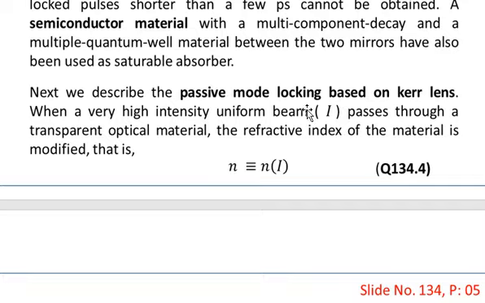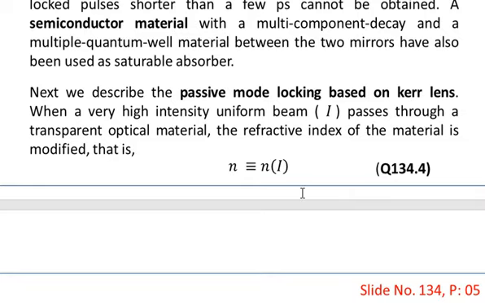intensity. Because the intensity of the incident beam has a Gaussian shape, the refractive index of the Kerr lens will also attain the Gaussian shape, so it will work as a spherical convex lens, which we shall call a Kerr lens, and it will focus the laser beam.